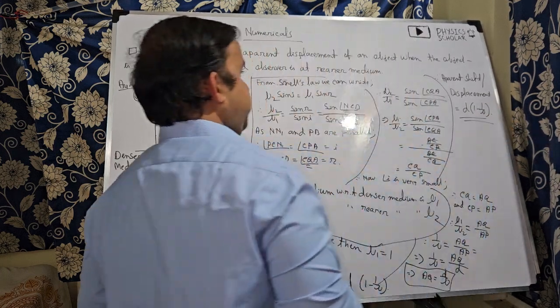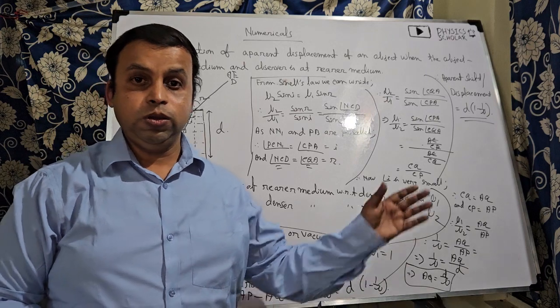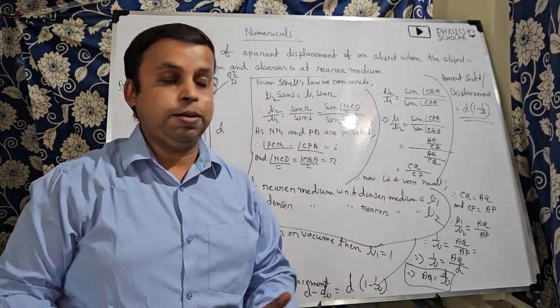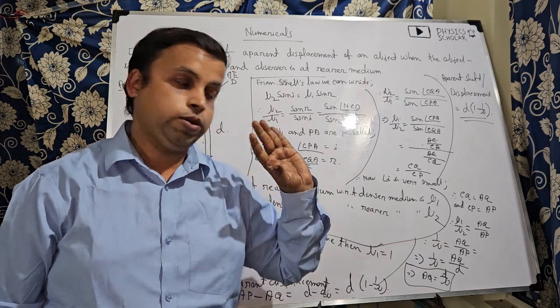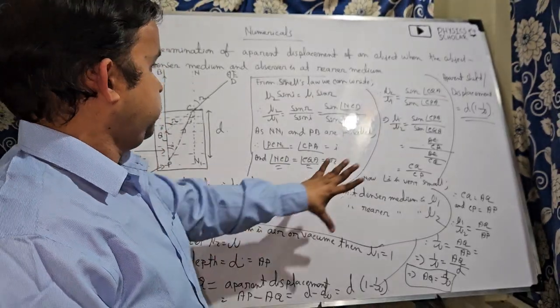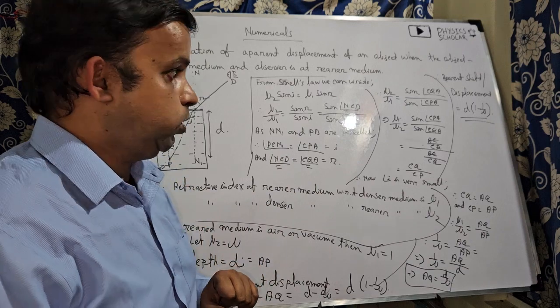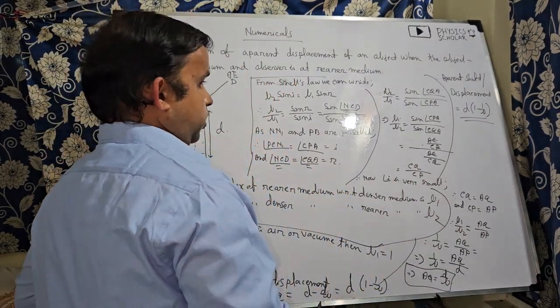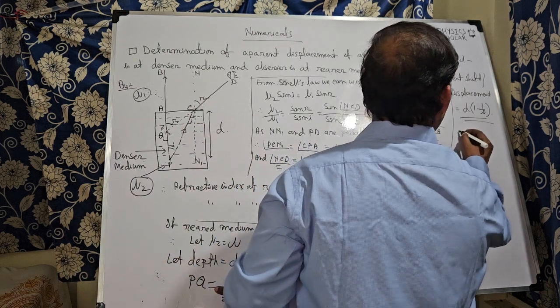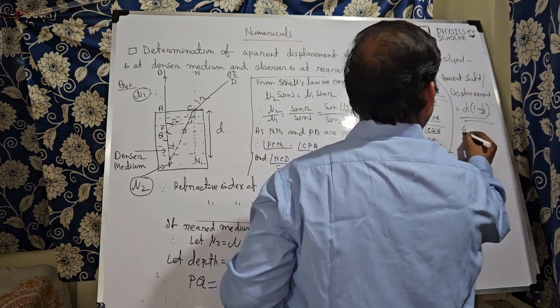This is a very important formula, also very important for doing sums, and the derivation of this formula is very important for the exams. I think you have understood. If it is water, the refractive index of water with respect to air is 4 by 3.